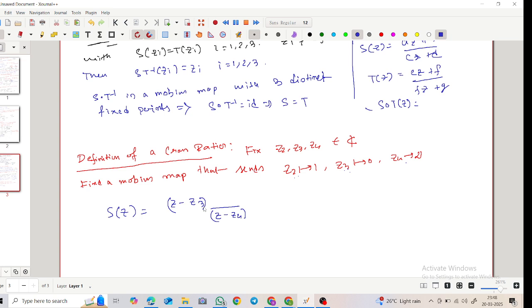Yes. If you don't have Z minus Z4 in the denominator, how will you send Z4 to infinity? And if you don't have Z minus Z3 above, how will you send Z3 to 0? Okay. Now you put Z2 there and multiply by the reciprocal. That's what I am doing.